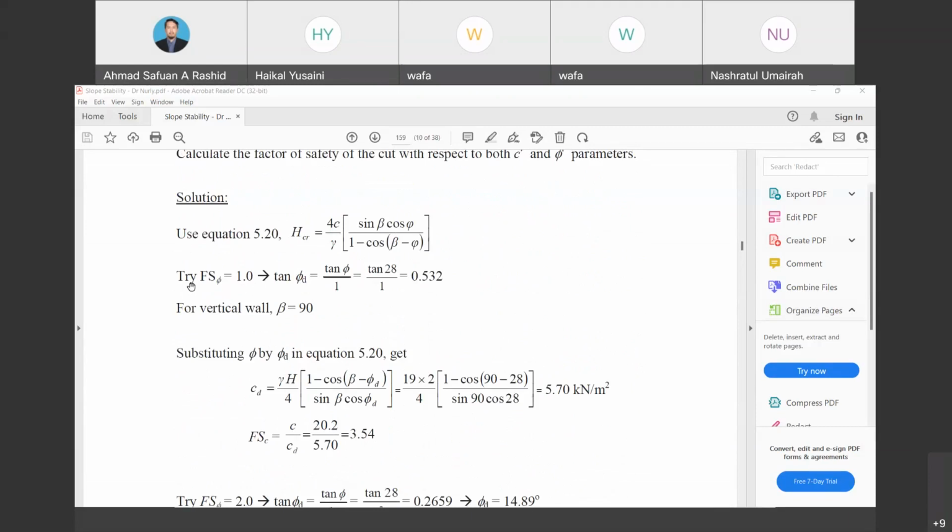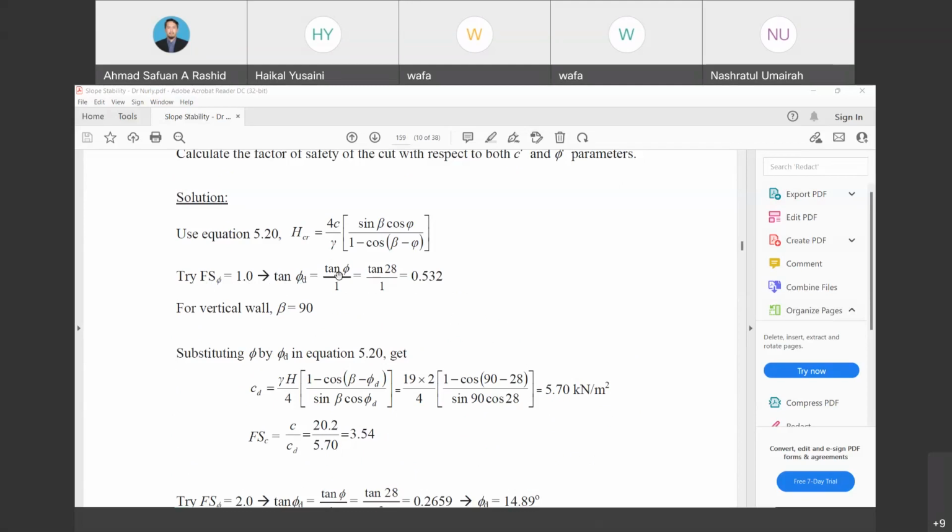So how does it work? First we need to use a trial and error method, where first we assume the factor of safety of phi is equal to 1. Then tangent phi D gives the phi D value.